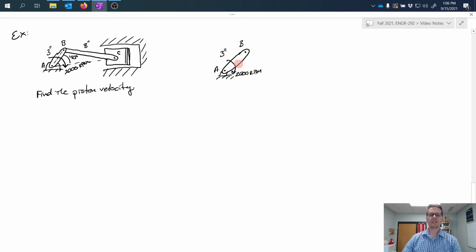So the most obvious thing I can solve for, knowing that we have a fixed axis rotation, is the velocity of point B.